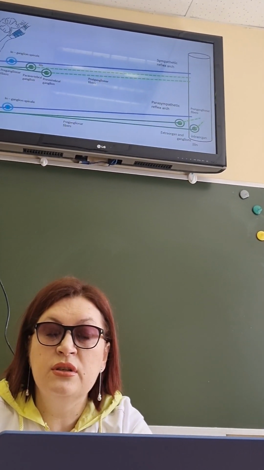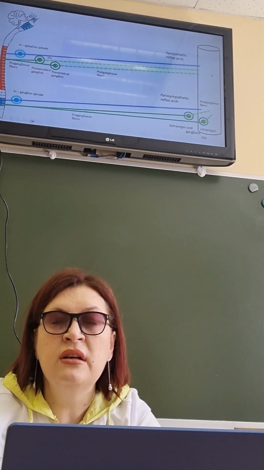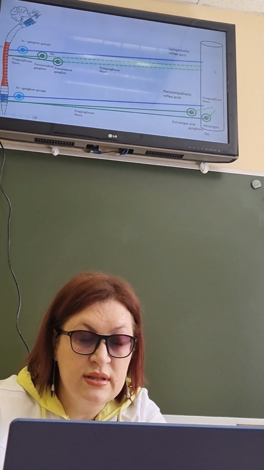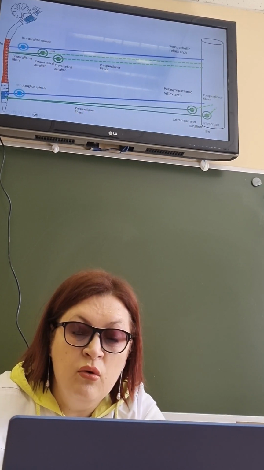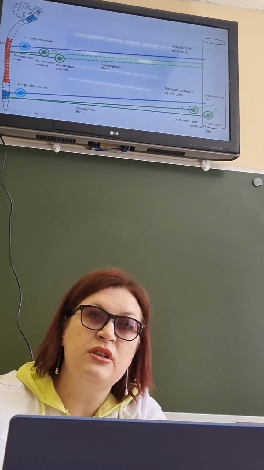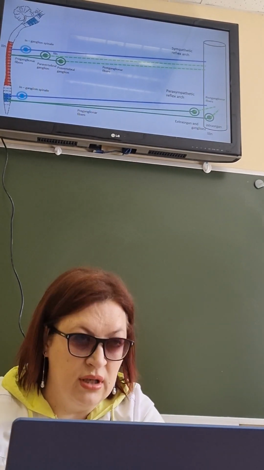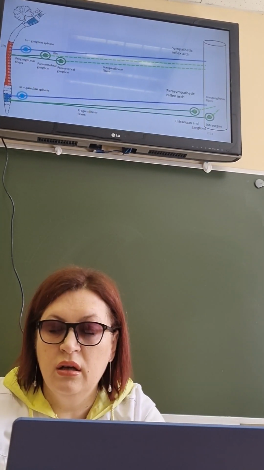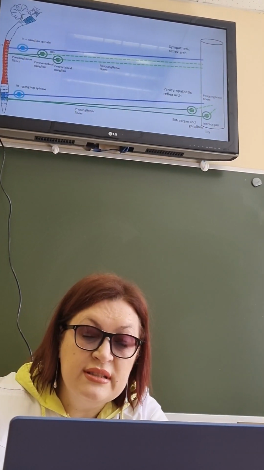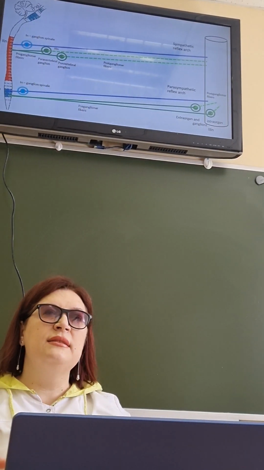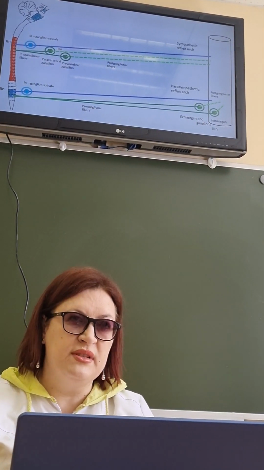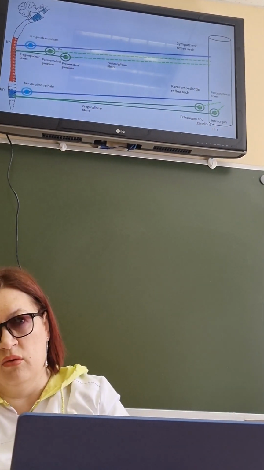Closer to the internal organs, you can see the third order of the vegetative nodes, organ ganglions.